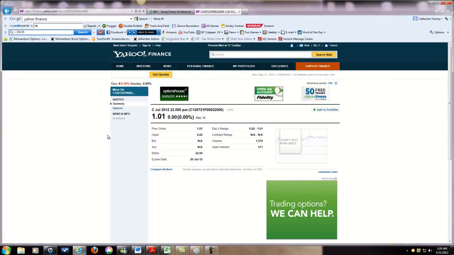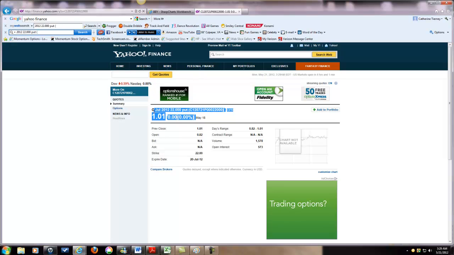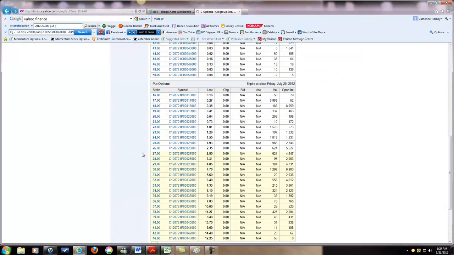So if Citigroup went to 20, these options would be worth 2, so they would be a double. If you wanted to do the July 20s for 65 cents, you can see volumes building.